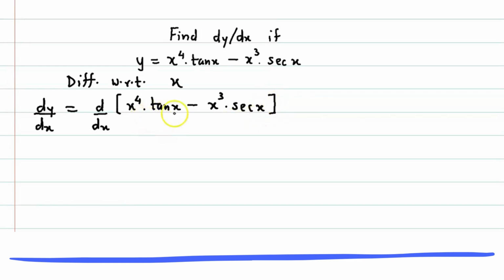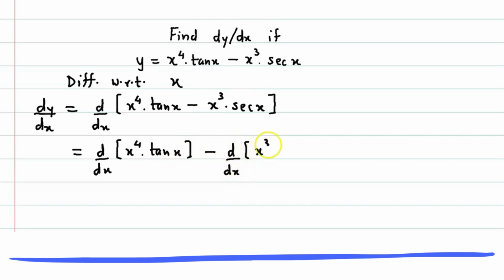Now first we apply the subtraction rule for differentiation. So we obtain derivative of x raised to 4 into tan x minus derivative of x cube into sec x.